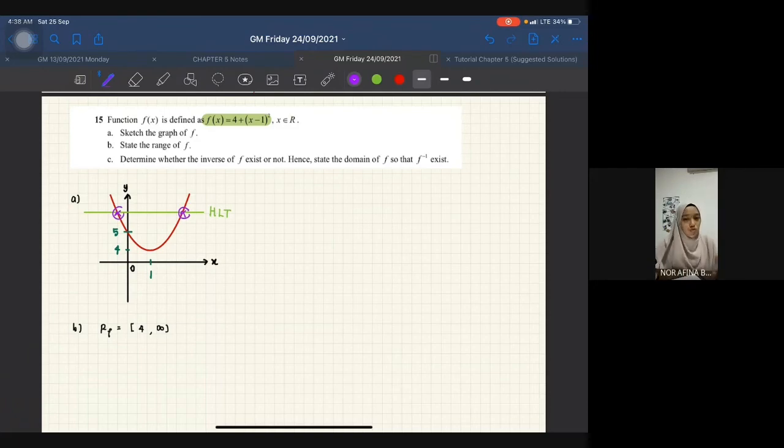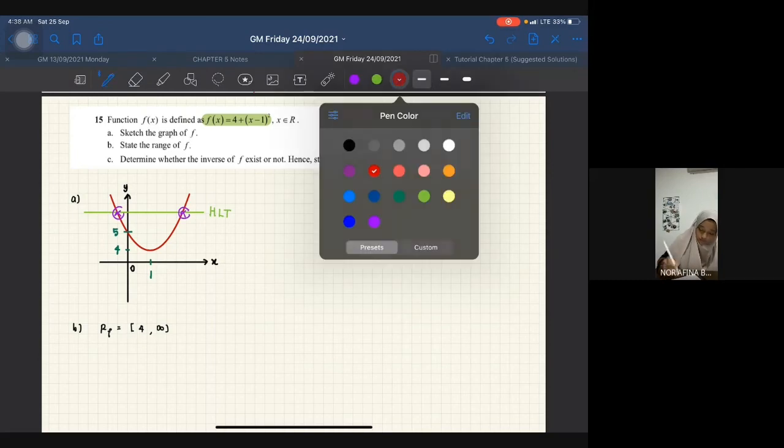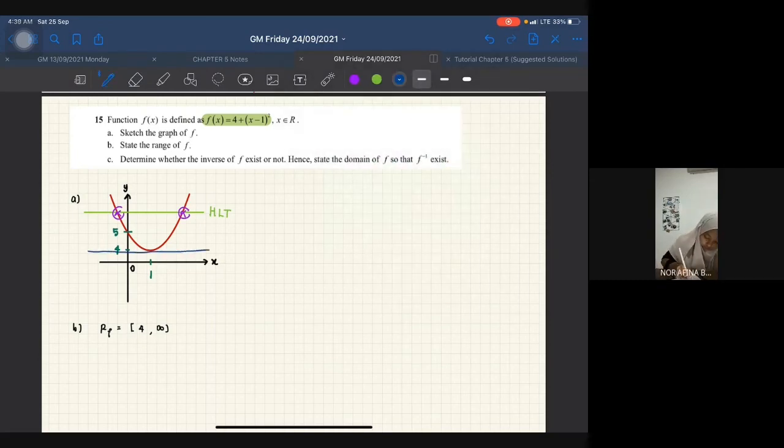Okay, contoh ada student mungkinlah awak nak buat HLT tu, awak nak buat dia dekat bawah, kat sini. Contoh, kalau kat sini miss, kan 1 point je dia cuts tu. Okay, so macam mana jawapan dia?